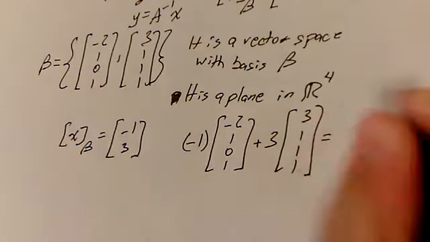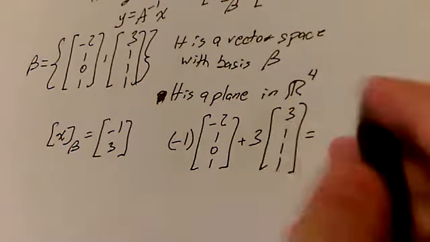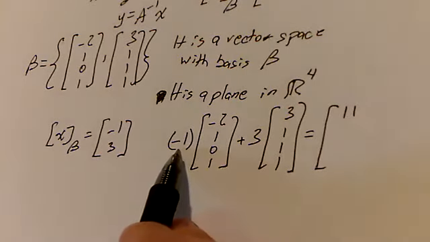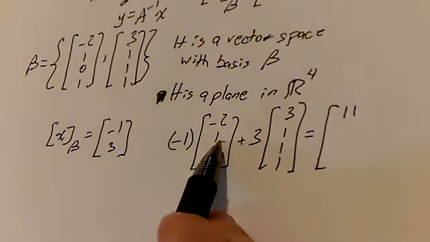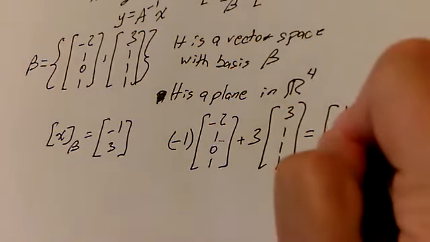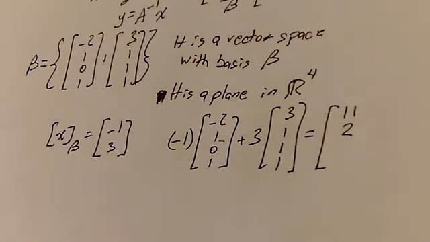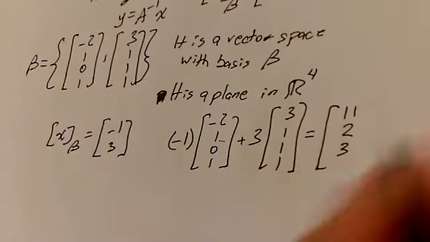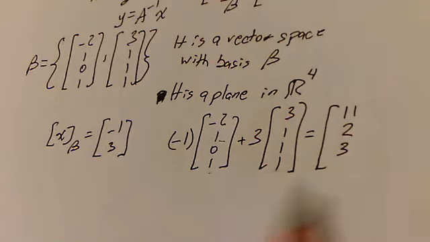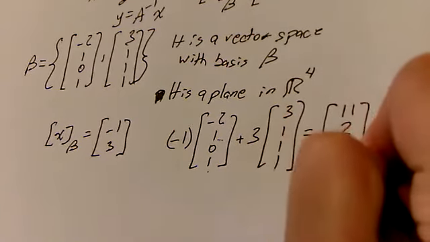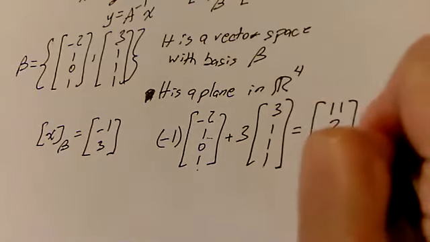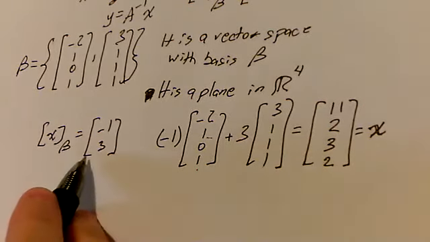So we multiply those out. -1 times 1 is -1, plus 3 is going to be 2, so I get 11 for the first entry. 0 plus 3 is going to be 3. -1 plus 3 is going to be 2. So I get 11, 2, 3, 2. So this is my vector x when this is my coordinate vector.